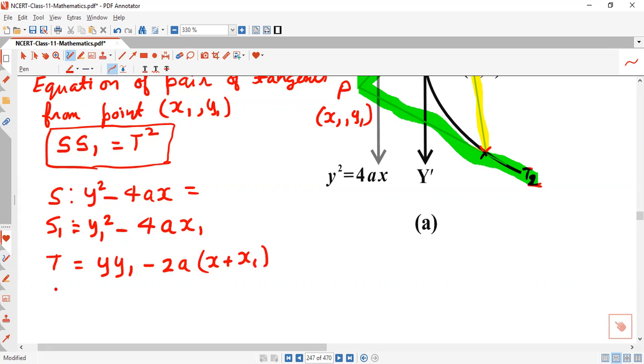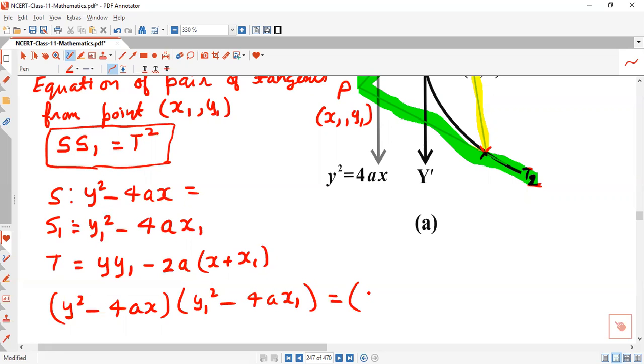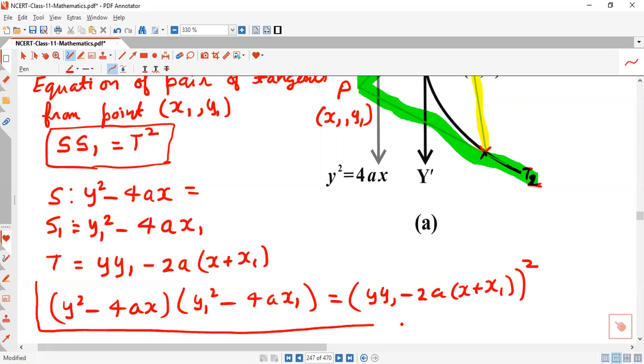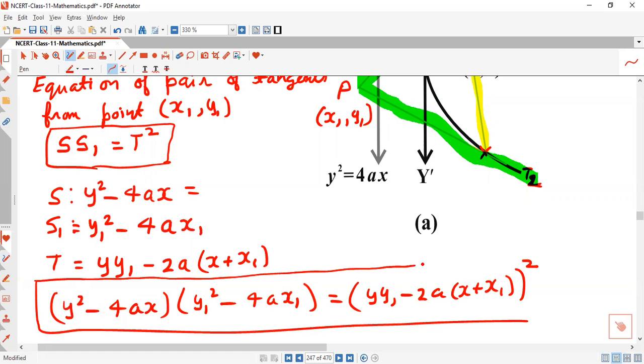Putting these values in the equation: (y square minus 4ax) multiplied by (y1 square minus 4a x1) equal to (y y1 minus 2a (x plus x1)) whole square. This is the equation of the pair of tangents drawn from the point x1 comma y1.